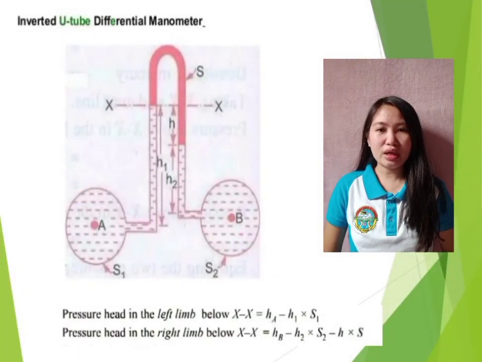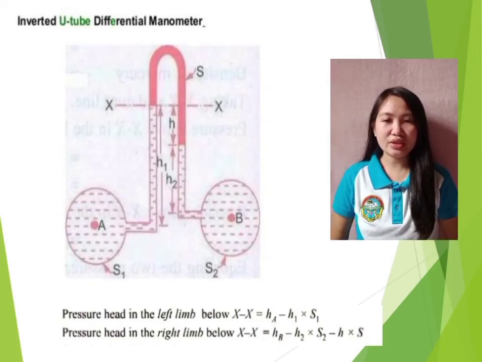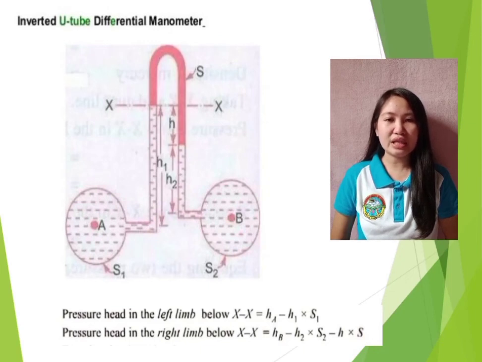Let S1 be the specific gravity of liquid in pipe A, S2 the specific gravity of liquid in pipe B, S the specific gravity of light liquid, H the difference of light liquid level in the U-tube, H1 the height of liquid level in the left limb below the datum line, H2 the height of liquid level in the right limb below the datum line, and point A represents HA, point B represents HB.